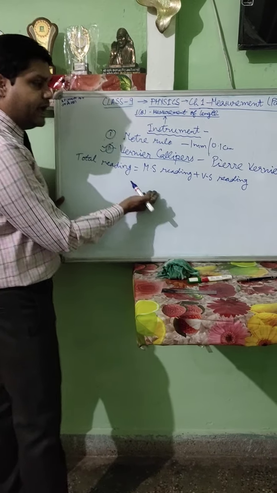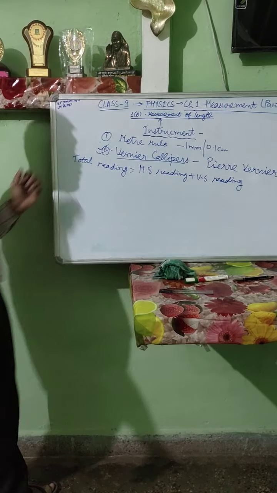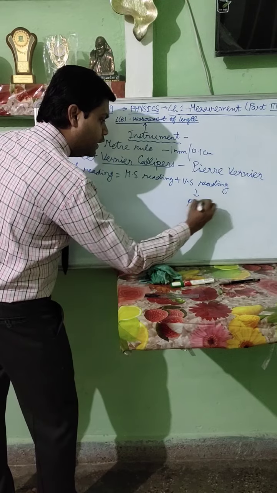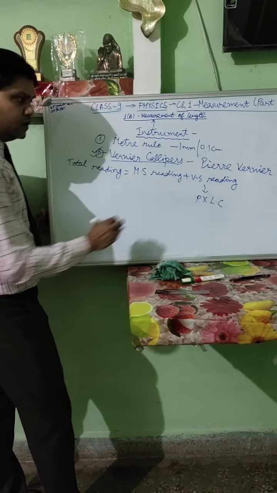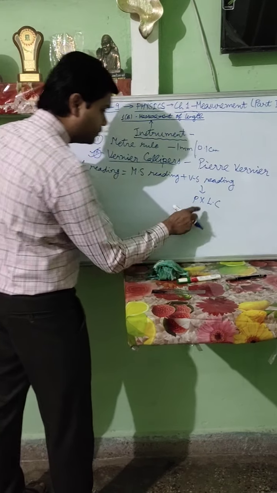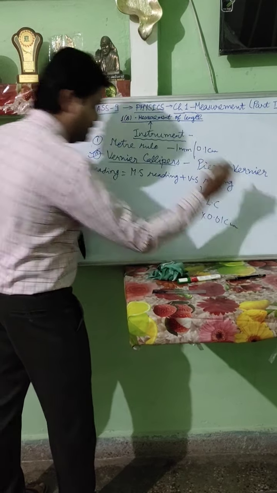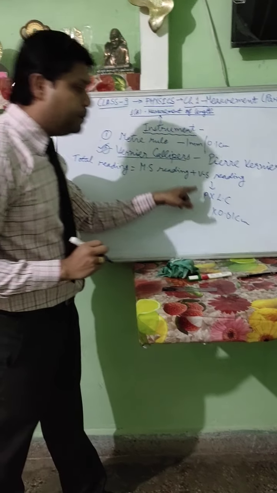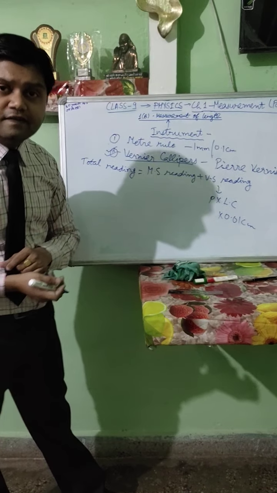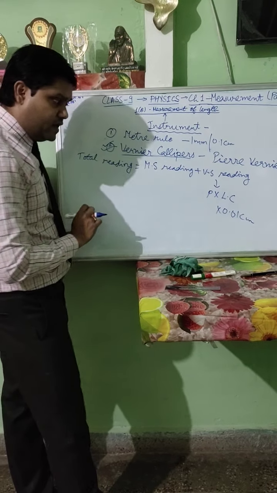Main scale reading can be read directly, but for vernier scale reading, we will be using the formula P into least count. Least count we already have studied. It is fixed. It is 0.01 centimeter. But what is P? P is the number of the division of vernier scale which is coinciding with any division on the main scale.